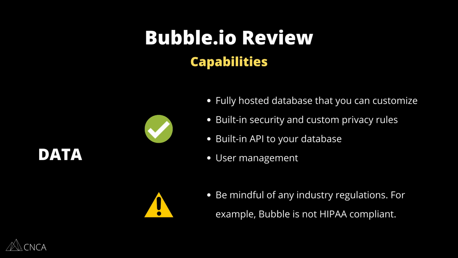On top of that, you have a lot of tools to help you create security rights around accessing that data. So there's privacy rules that you can create to grant or restrict access based on whatever kinds of conditions you want to define. And as with any platform that you're building your app on, be mindful of any potential industry regulations that your app has to stay compliant with. We'll talk about security in a little bit more detail later on in this video.